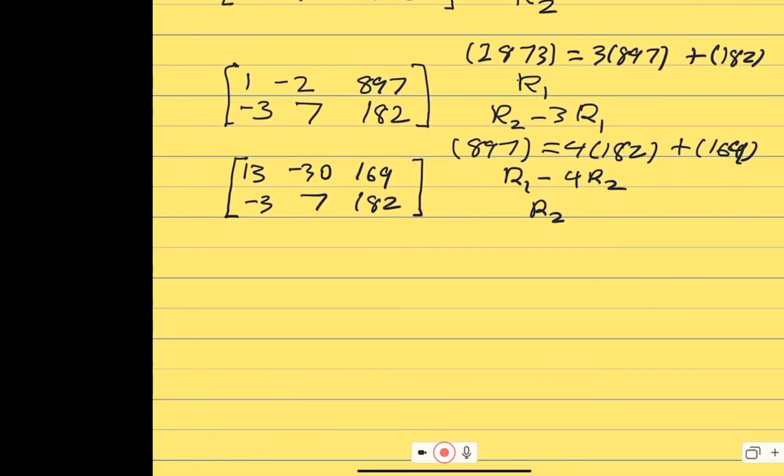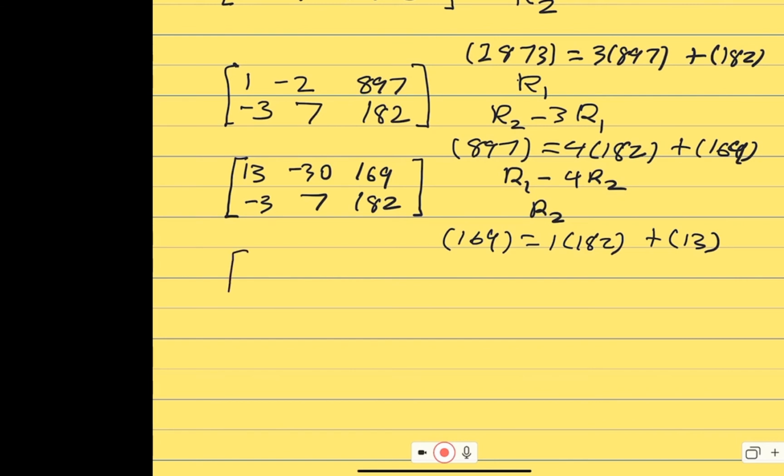Now, we're getting there. Now I'm going to divide here. 169 is 1 times 182 plus 13.